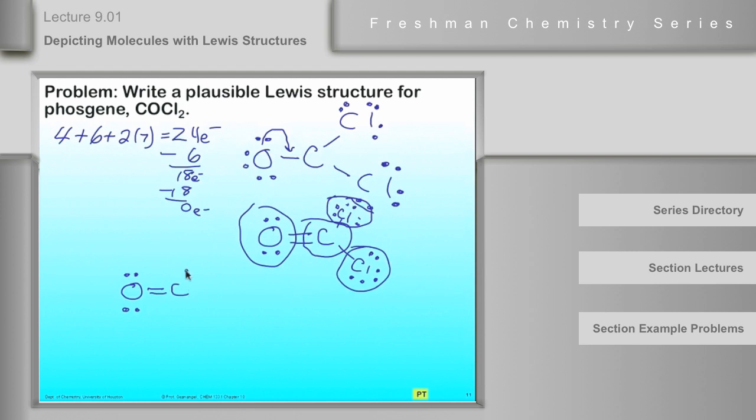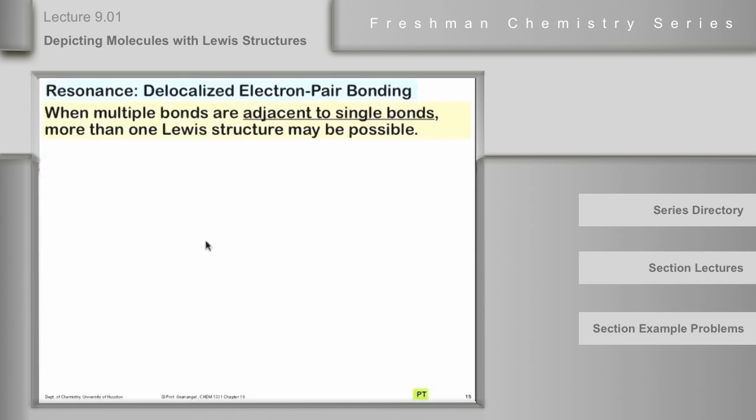It has 1 multiple bond, which is a double bond, and it has 2 single bonds. If the question asked how many lone pairs are there in the structure of phosgene, this is how you would find out. You would draw the proper Lewis dot structure and count them. 1, 2, 3, 4, 5, 6, 7, 8.